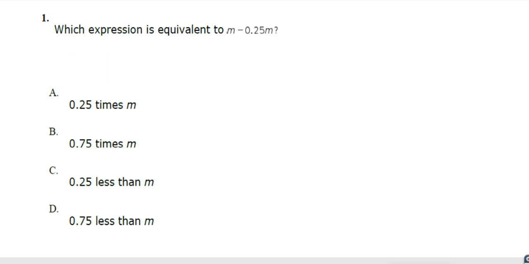So which expression is equivalent to m minus 0.25m? Again, we're looking at equivalent expressions, and if I have m minus 0.25m, since they both end in m, I have the opportunity to combine the like terms. And remember, I can always think of m as 1m.